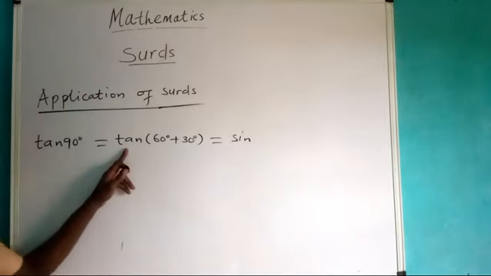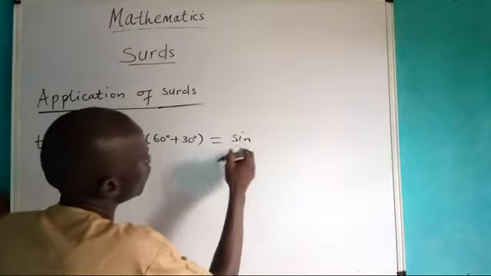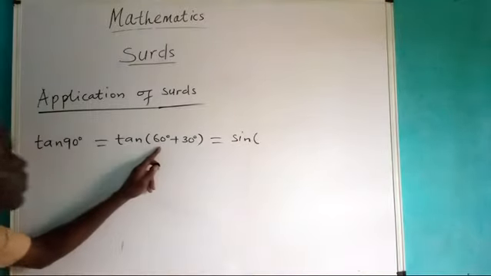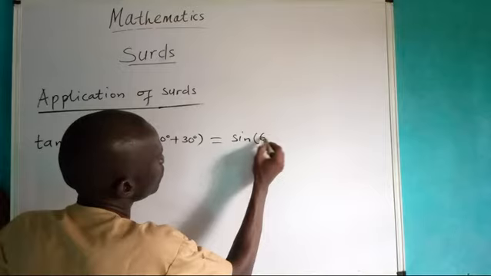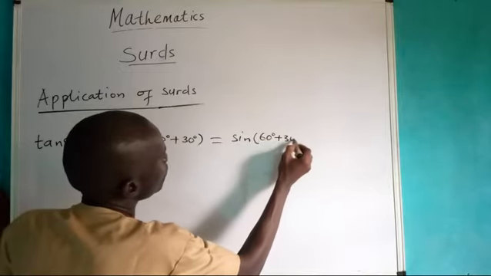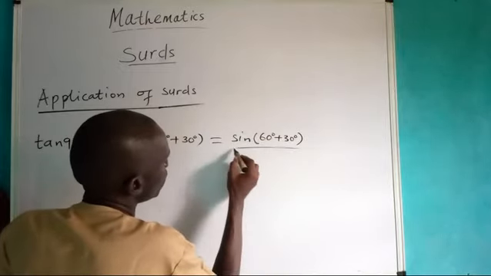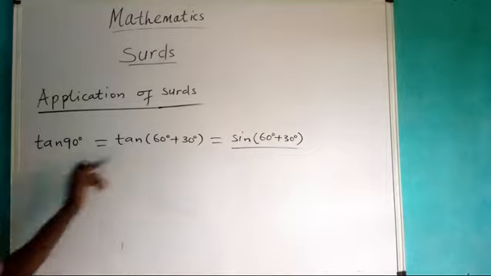The identity for tan is sine over cosine. Therefore, for this one, we'll have sine of my two angles, 60 degree plus 30 degree, over cos. And sine over cos gives us tan.